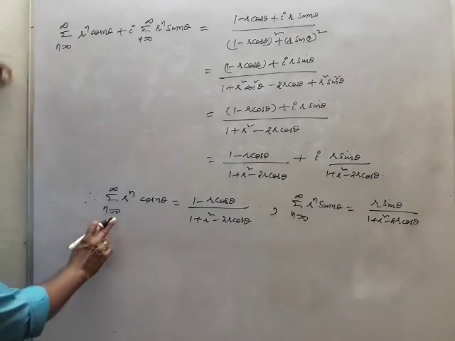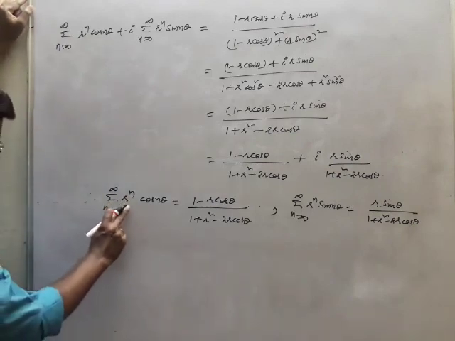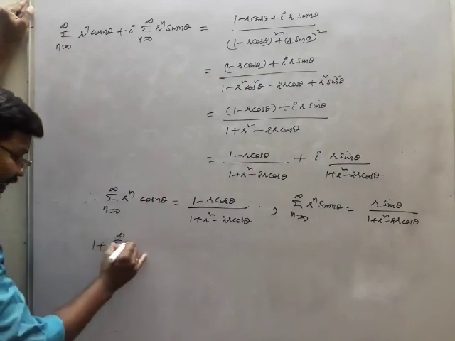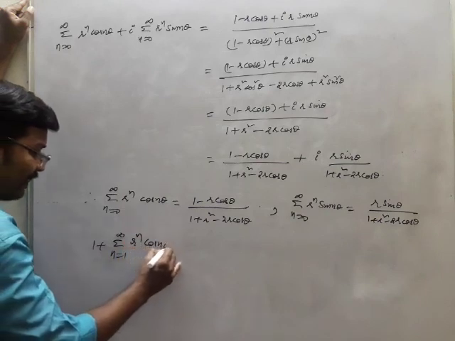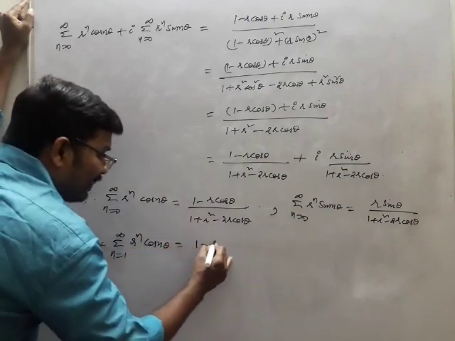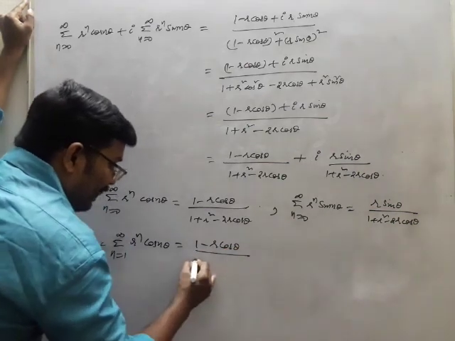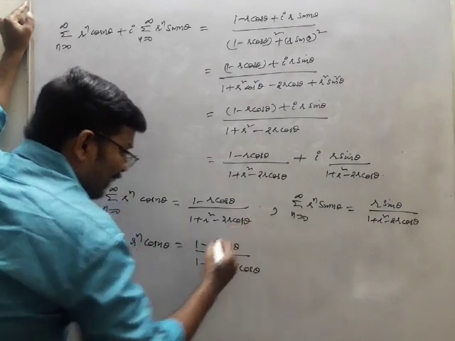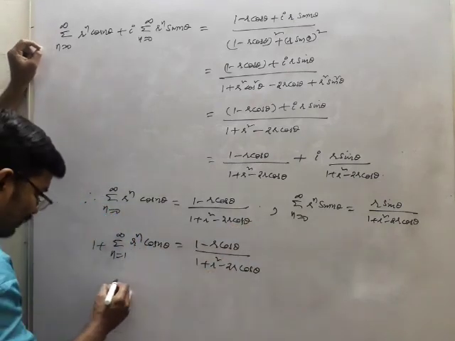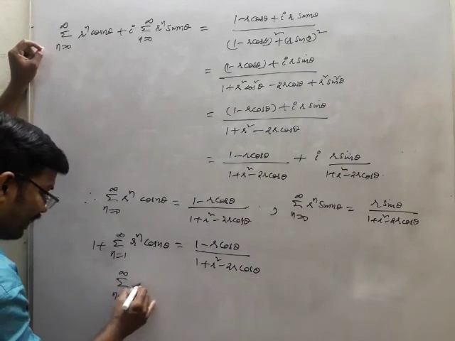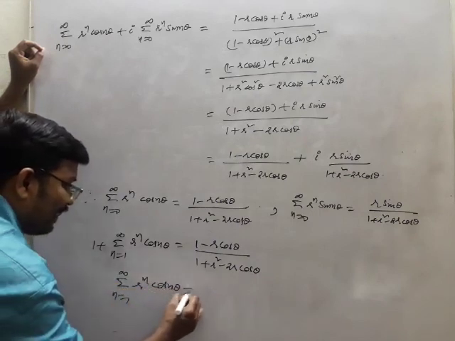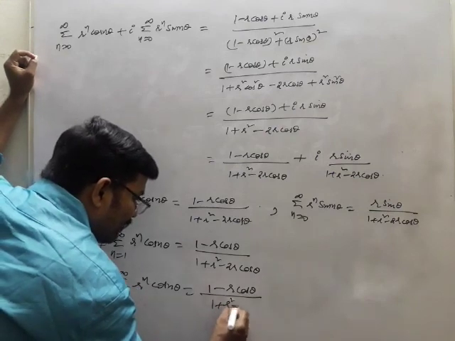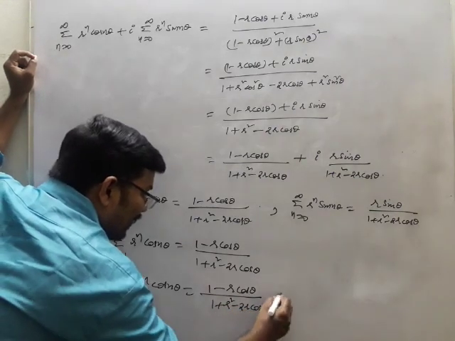Now I just substitute n = 0. If you put n = 0, this becomes 1 plus summation n = 1 to infinity of rⁿ cos nθ, equal to (1 − r cos θ) by (1 + r² − 2r cos θ). So I will take this 1 to that side. Summation n = 1 to infinity of rⁿ cos nθ is (1 − r cos θ) by (1 + r² − 2r cos θ) minus 1.